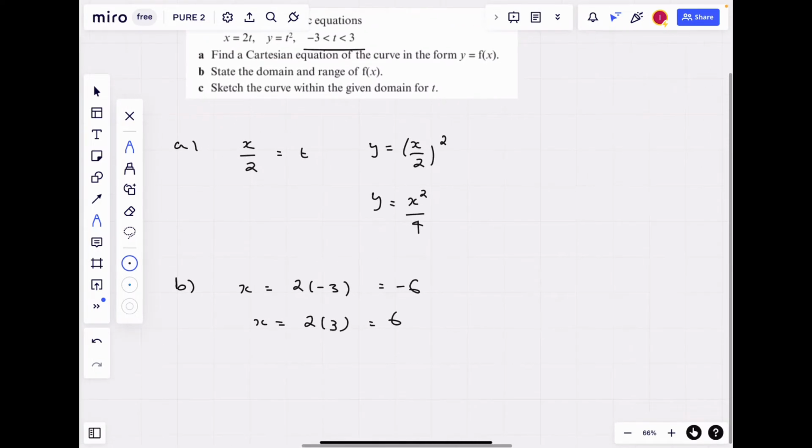So the domain of f(x) is -6 ≤ x ≤ 6, like that. And then the same essentially goes for the range of f(x).